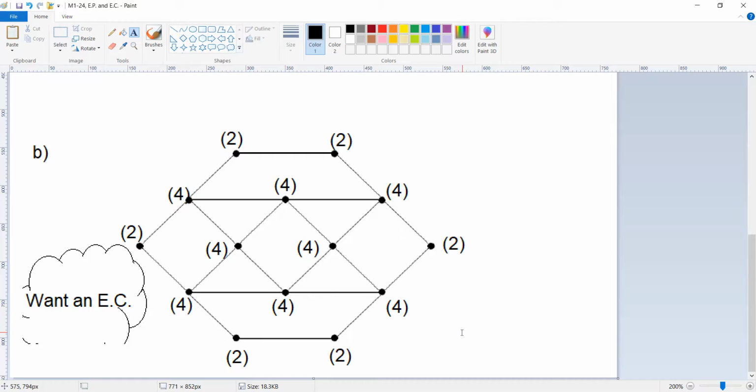So I've checked all of the vertices. They all have even degree, which means I could find an Euler circuit.